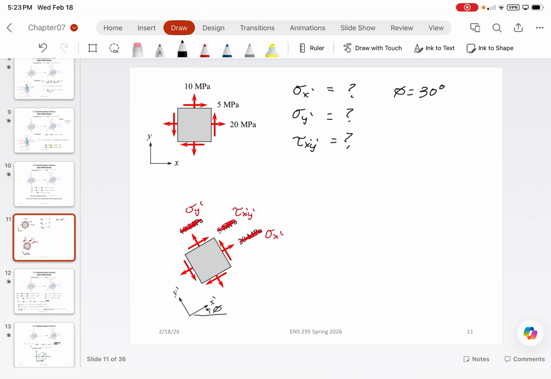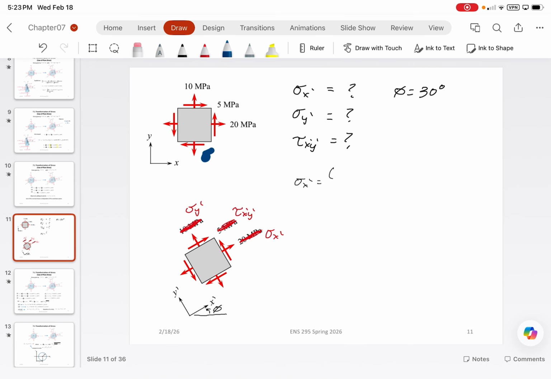All right, so let's go over it. Basically, the problem should just be a plug and chug. The equation is very straightforward to follow with whatever angle you're dealing with. So sigma x prime is going to equal sigma x plus sigma y divided by 2. That first requires us to know what sigma x, sigma y, and tau xy are.